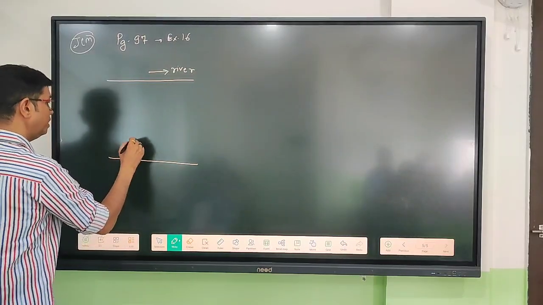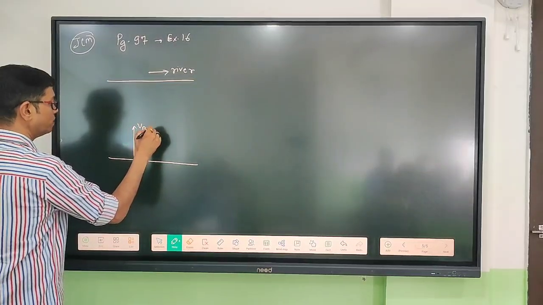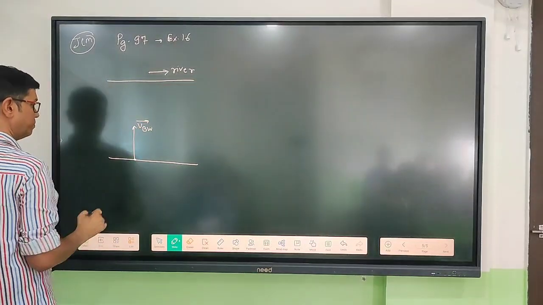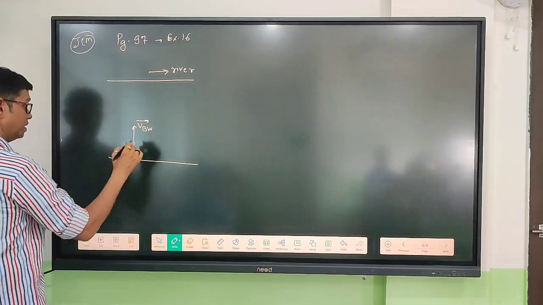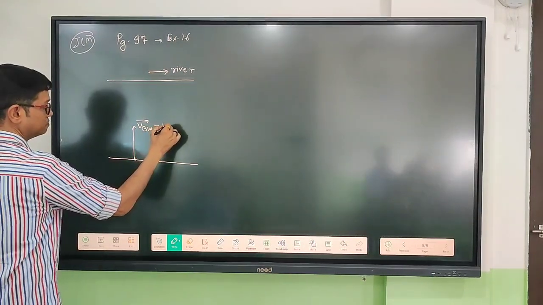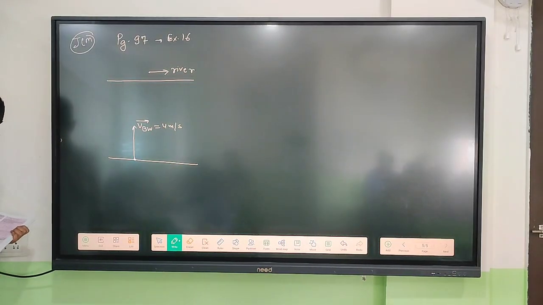So this is V of boat with respect to water. It is right perpendicular, and this is given as 4 meter per second.